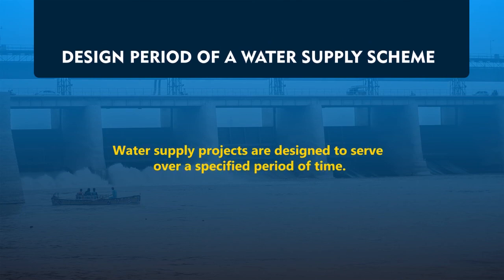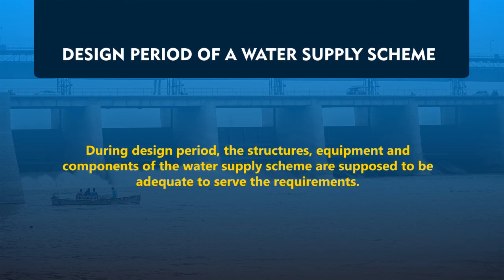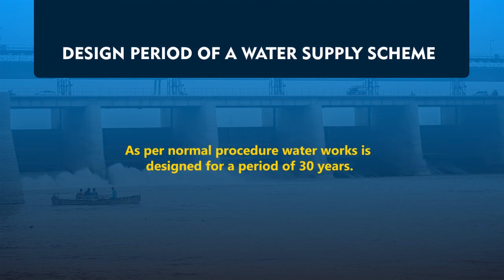Water supply projects are designed to serve over a specified period of time after completion of the project. This is called the design period. It is expressed in years. During the design period, the structures, equipment and components of the water supply scheme are supposed to be adequate to serve the requirement. As per normal procedure, waterworks is designed for a period of 30 years.